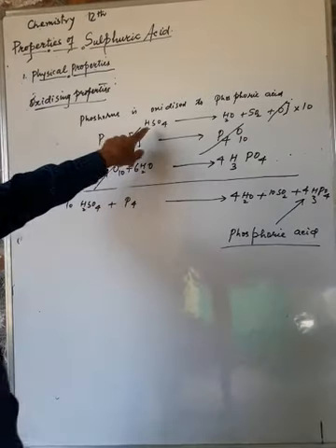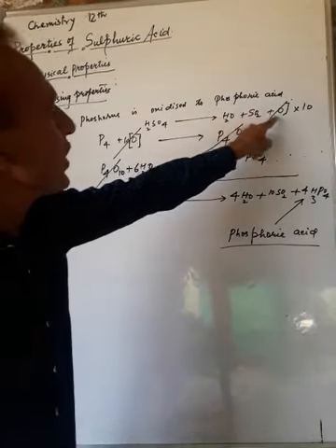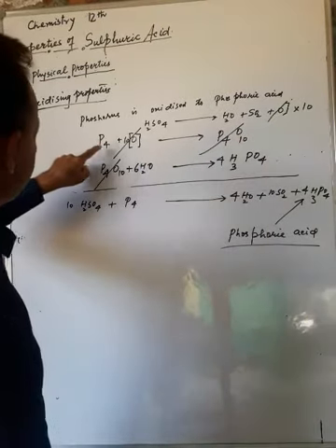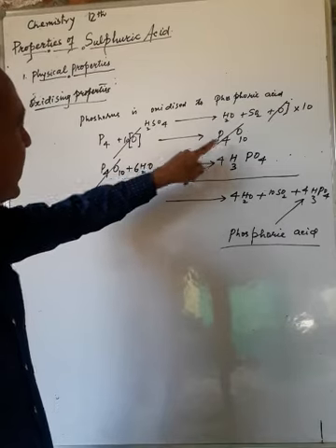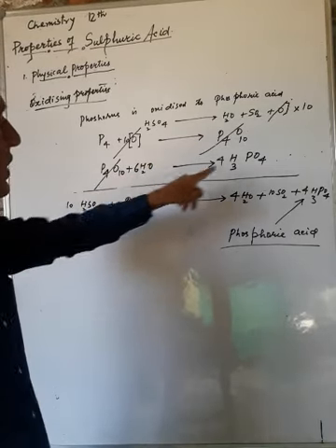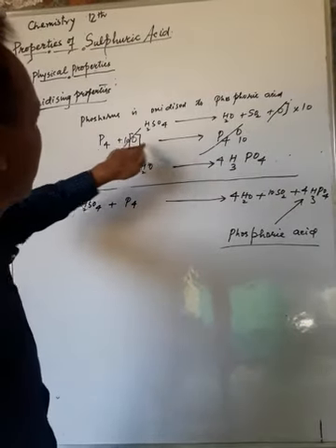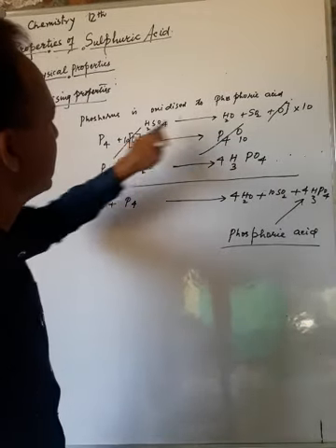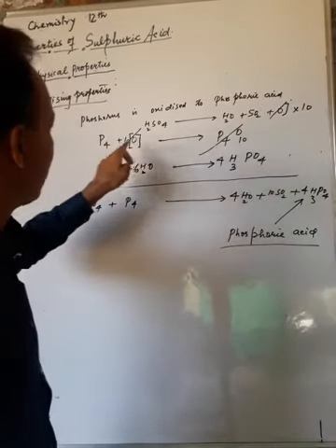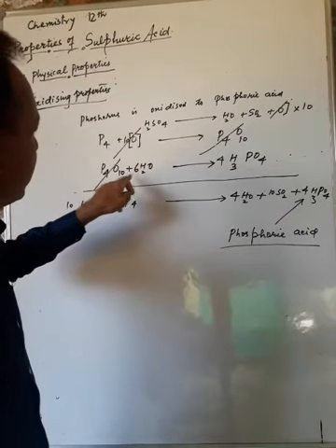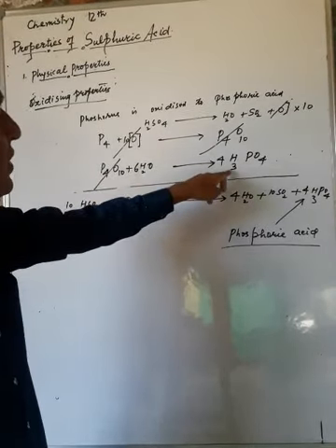Here in the reaction, sulfuric acid first decomposes, forming sulfur dioxide and nascent oxygen. Then phosphorus reacts with the oxygen and forms phosphorus pentoxide. Phosphorus pentoxide with water forms phosphoric acid. We have 10 times nascent oxygen, so we multiply the first equation by 10 so that oxygen cancels. In the third reaction phosphorus pentoxide reacts with water forming H3PO4.